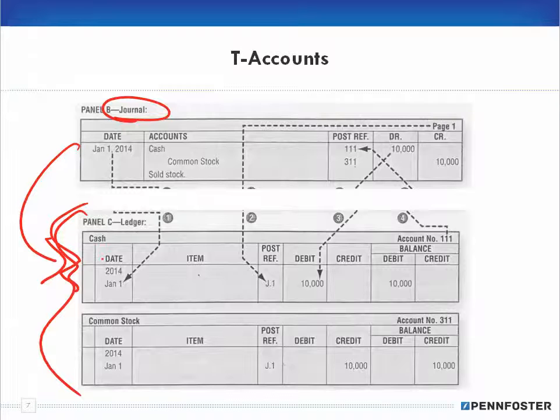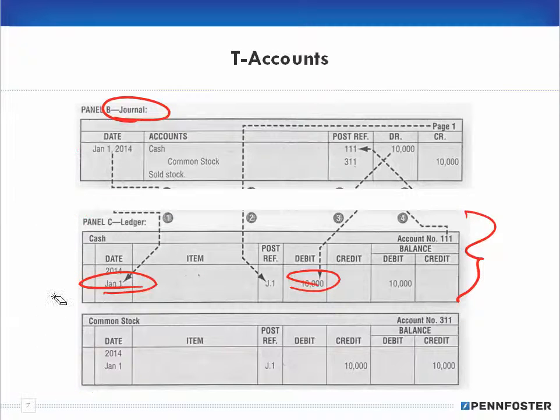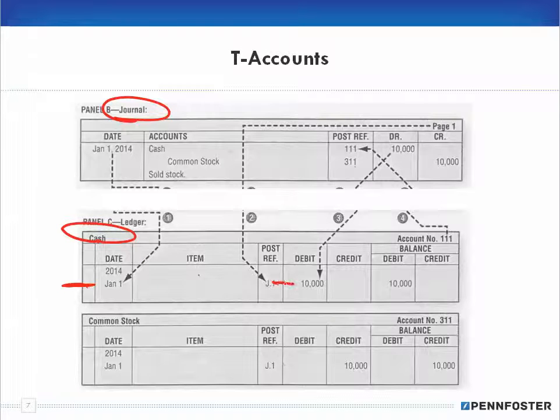That's no different than what they were doing here, except this only had one transaction. Here's my ledger account for cash. There was one entry here, a debit, and they kept the running balance in the balance column. As they entered more transactions, whatever those transactions were, they kept increasing or decreasing the running balance in that particular account.